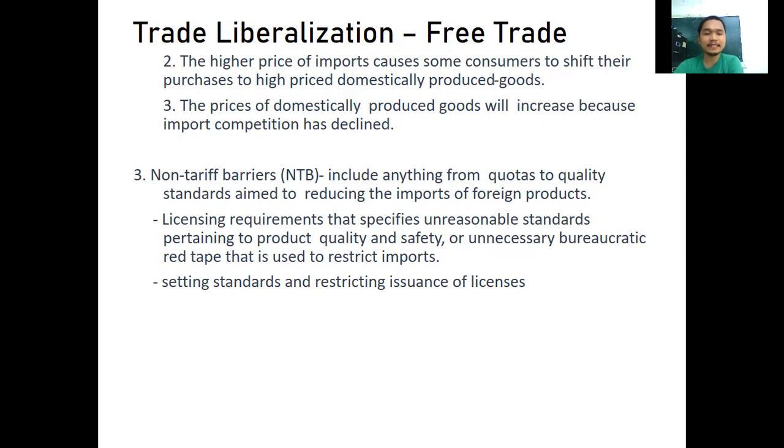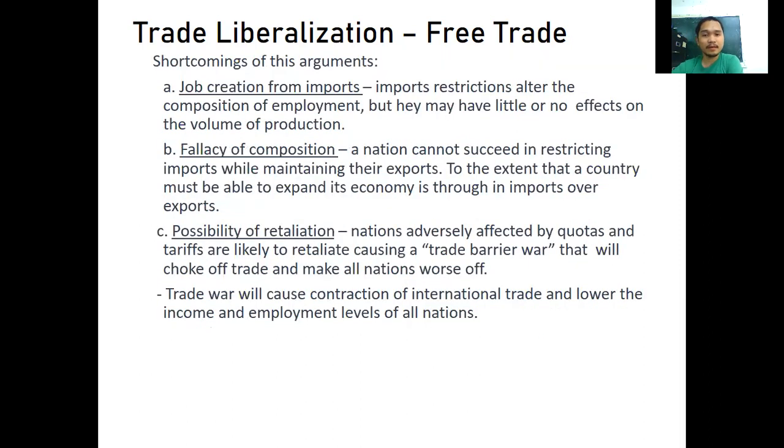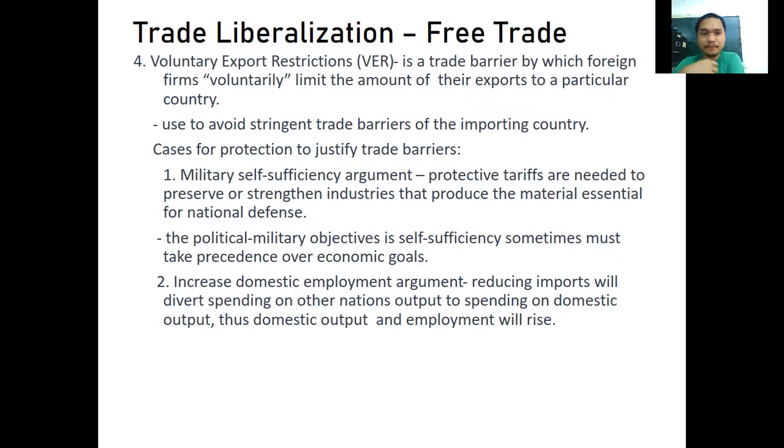Then setting standards and restricting issuance of licenses. Fourth, trade liberalization is the voluntary export restriction or VER. It is a trade barrier by which foreign firms voluntarily limit the amount of their exports to a particular country, and is used to avoid stringent trade barriers by the importing country.